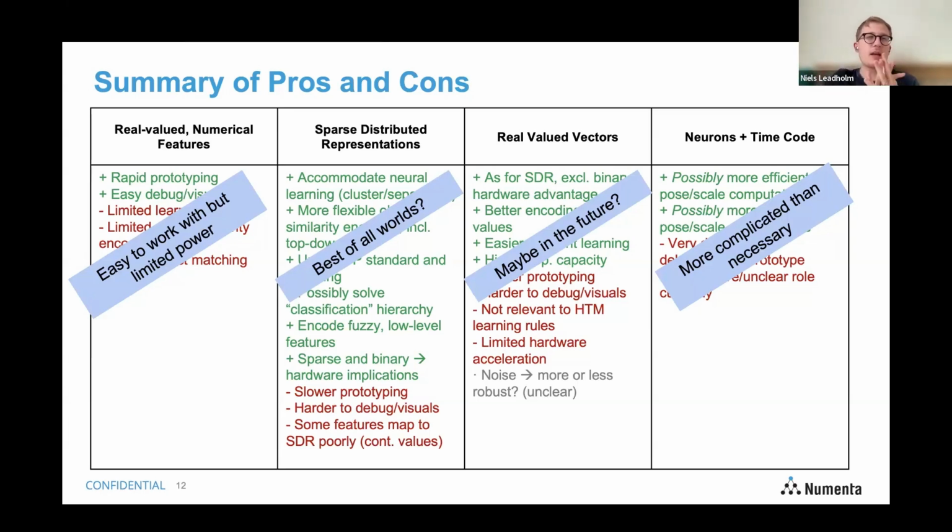We could have kept that as real numerical features, but I felt like at that point it was really starting to stretch what that could reasonably do in an elegant way. Also, because we're starting to get into the hierarchy of the system, that's where we expect to start seeing some of the other benefits that SDRs are going to bring. So it was a natural point to start exploring that.